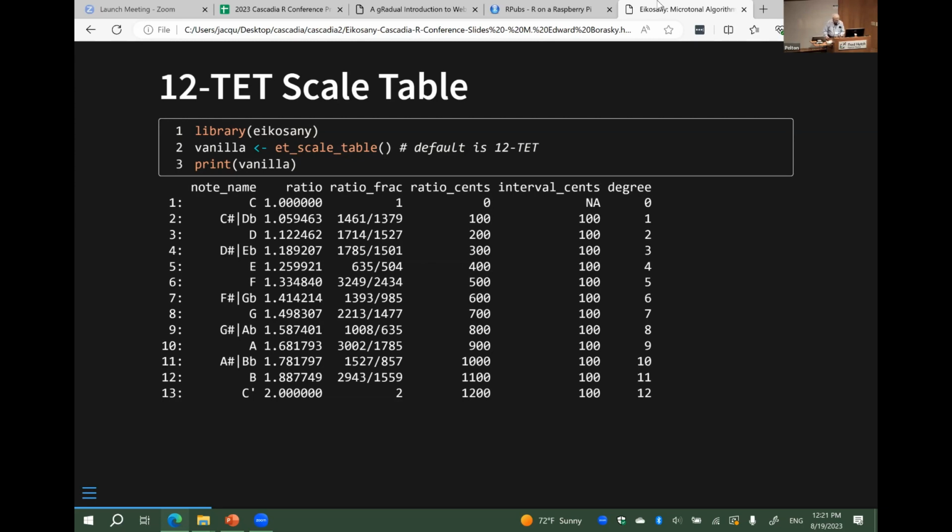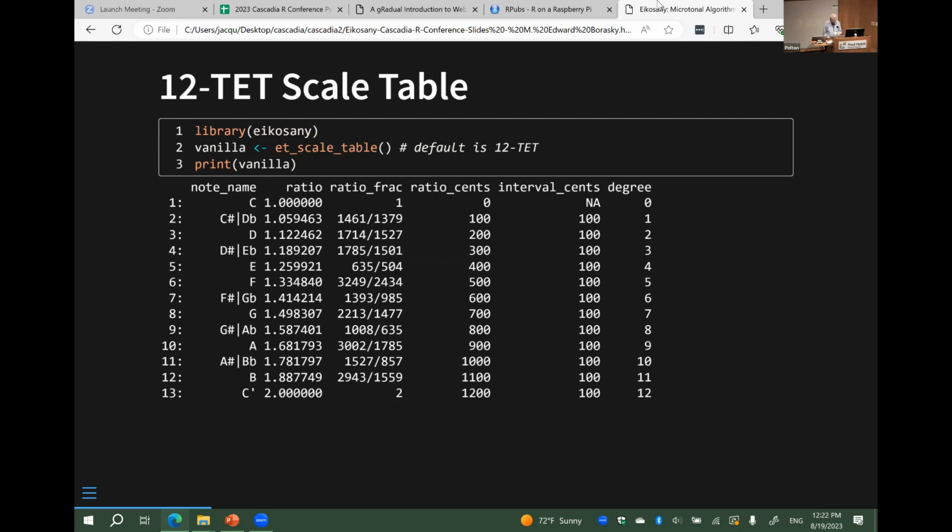And these are irrational ones, so what's in the ratio frac column is the best approximation the fractional package could give. A ratio in cents, I've got a slide on that coming up next, but that's the value, the ratio of that note to the root in cents.